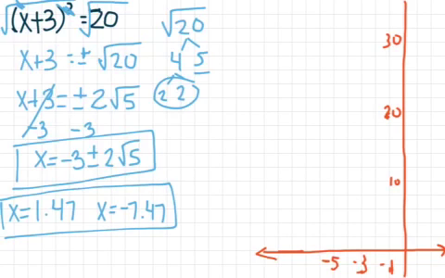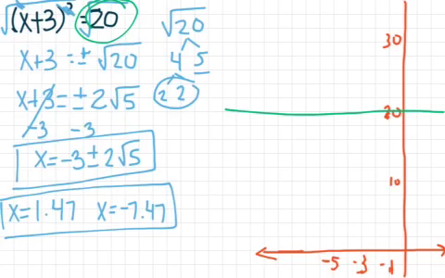Now that's what helps us graph. So since we know that it is equal to 20, we draw that line right there at 20, because that is where these two answers, these two decimal approximations, go on that line at 20, since it's equal to 20. So I'm going to put one ordered pair at 1.47.